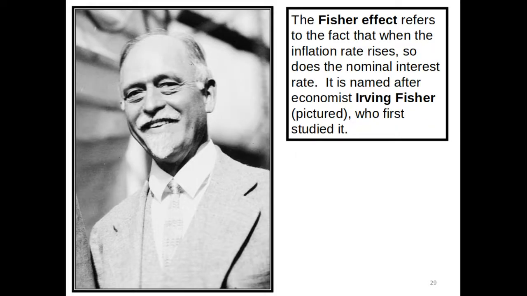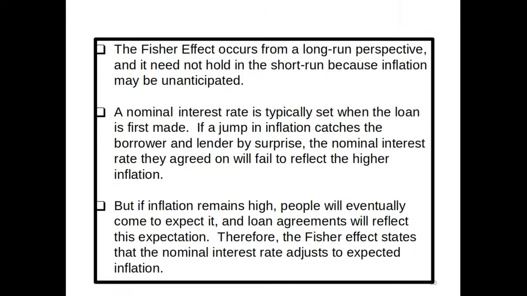The Fisher effect is named for Irving Fisher, and it refers to the fact that when inflation rates rise, so do nominal interest rates. And this is a long run perspective. It doesn't necessarily hold in the short run because there is some unanticipated inflation. Nominal interest rates are typically set when a loan's made.